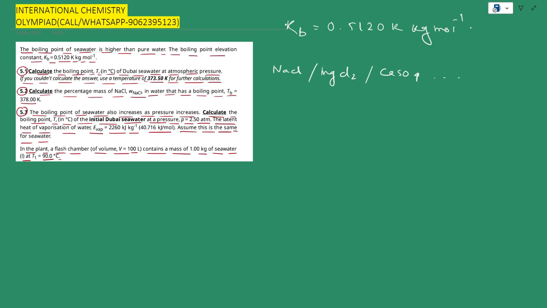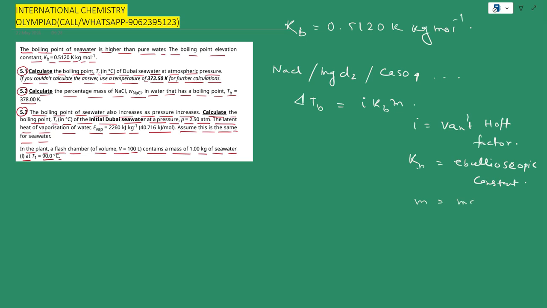Boiling point of Dubai seawater. Now, the formula for the boiling point elevation is what? Delta Tb equals i Kb m, where i is the Van 't Hoff factor, Kb is the boiling point elevation constant, and m is the molality.